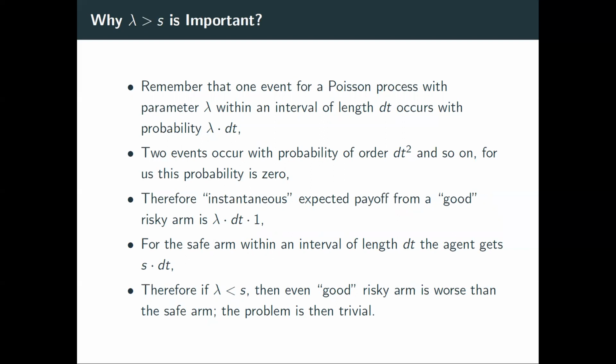Two arrivals occur with probability something multiplied by dt squared. And remember that dt squared, according to our notation, is 0. So we only use the terms up to the first order of infinitesimally small.